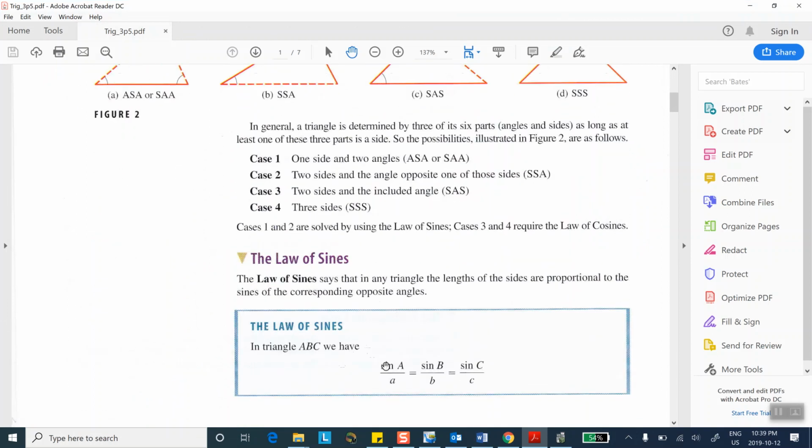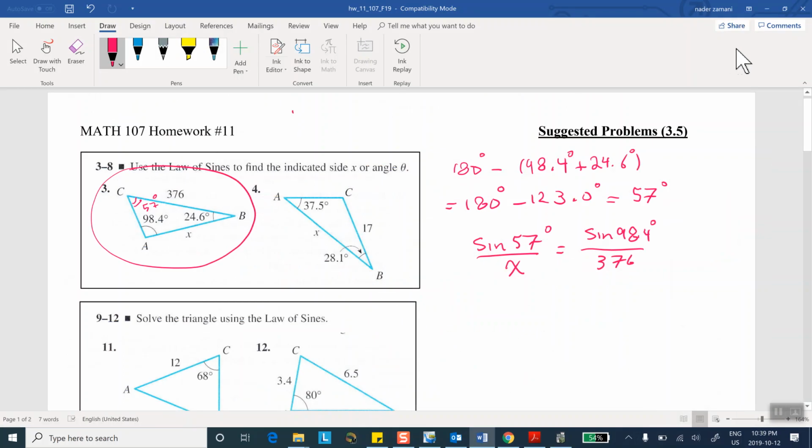Yeah, sine of a over the length a equals sine of b over length b. So sine of this angle over the length facing it equals sine of this angle, 98.4, over the length that's facing it, which is 376.